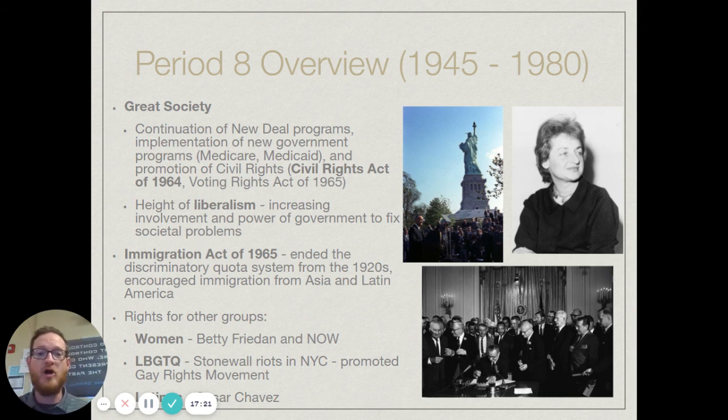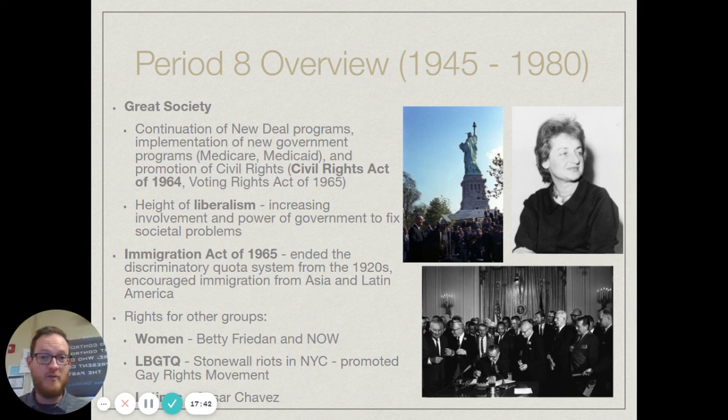That brings us, again, continuing with LBJ. LBJ had what he called the Great Society programs. Basically, the Great Society programs are going to be a New Deal type program. But in this instance, it's not to pull the country out of a Great Depression, but to try to pull people out of poverty. The Great Society was also known as the War on Poverty.